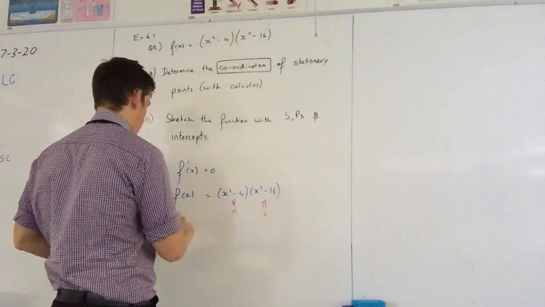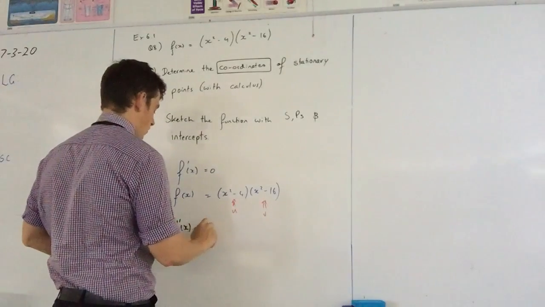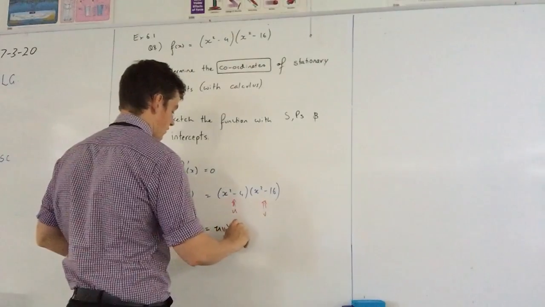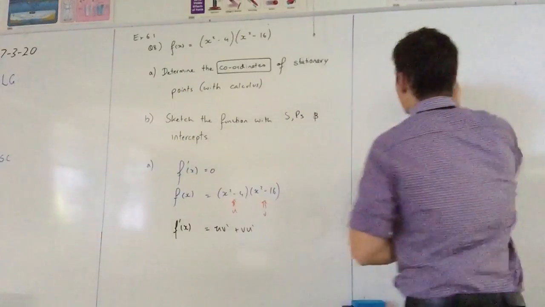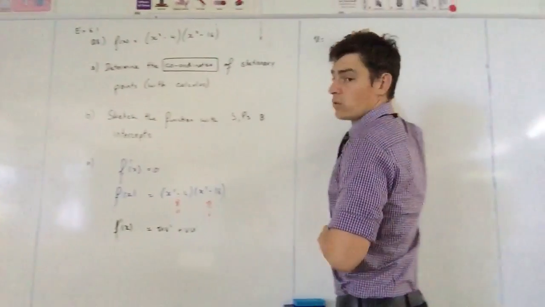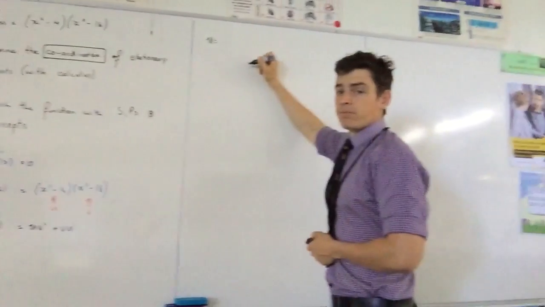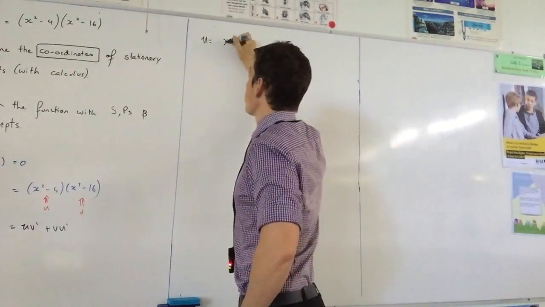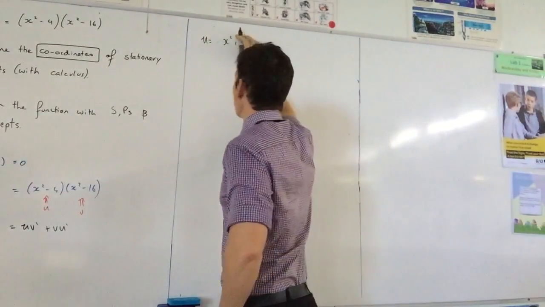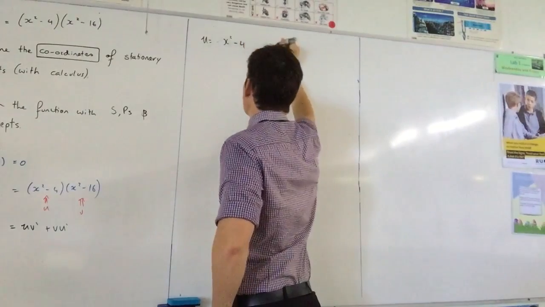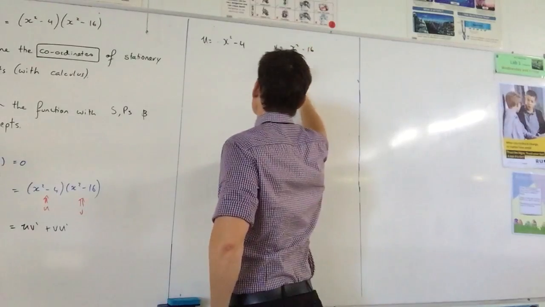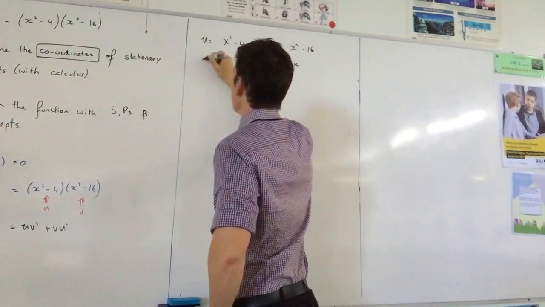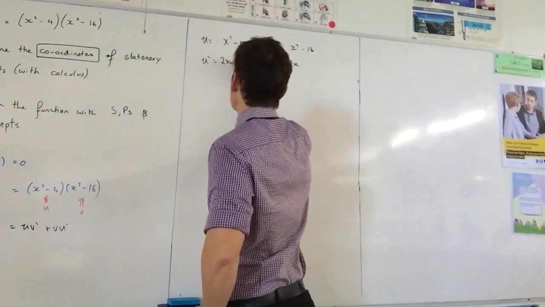So I'm going to let my first function equal u and my second function equal v. So f dash x will equal u v dash plus v u dash, where u equals x squared minus 4, and v equals x squared minus 16, v dash equals 2x, u dash equals 2x.